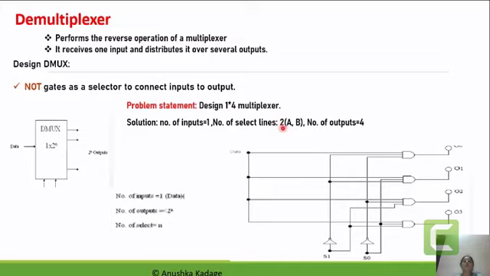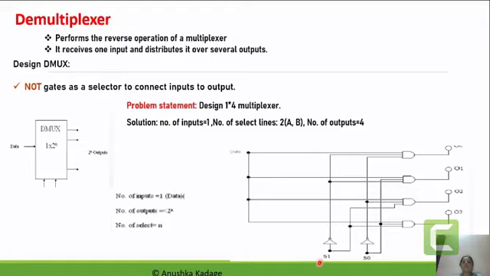So 2 select lines will be required for implementing the 1:4 demultiplexer, and based on the two input select lines and their combinations, the outputs will be presented.